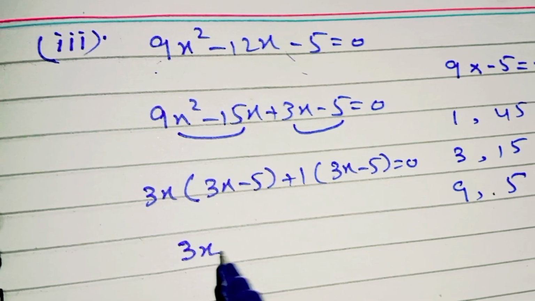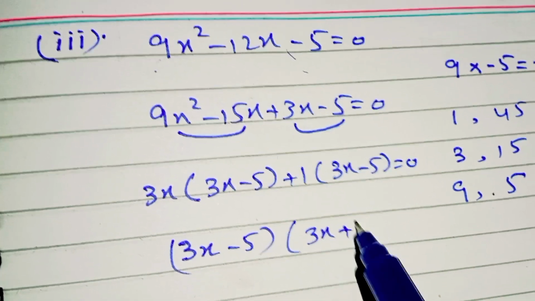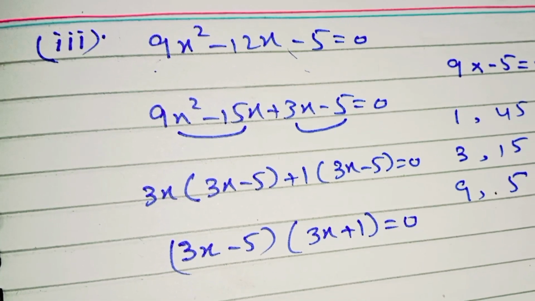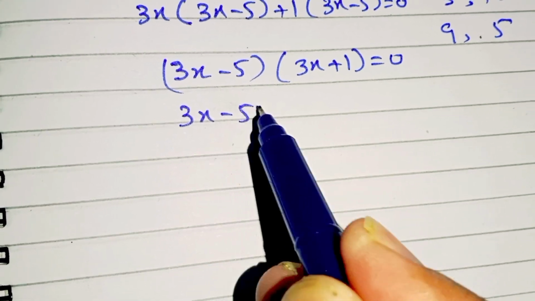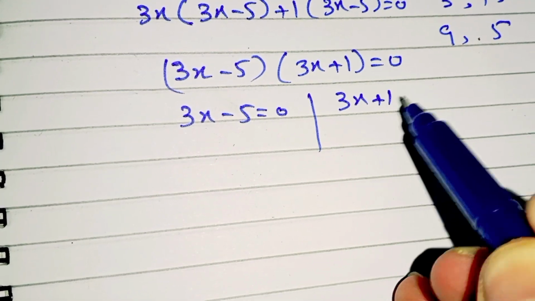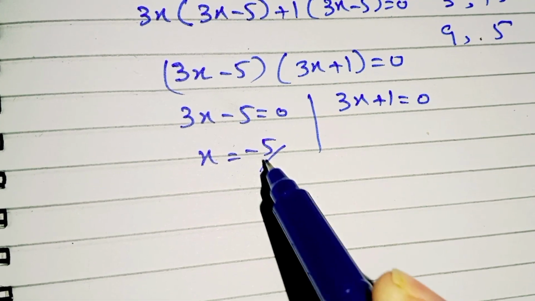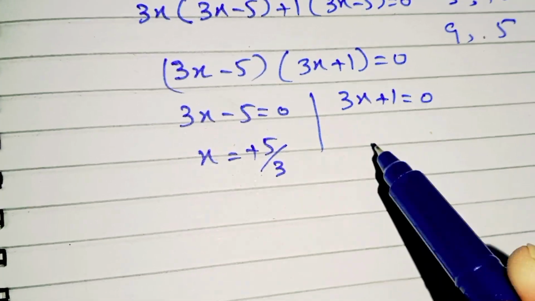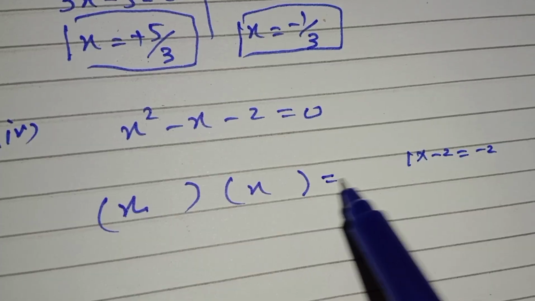This expression becomes 3x minus 5 into 3x plus 1 is equal to 0. So we have 3x minus 5 is equal to 0 and 3x plus 1 is equal to 0. X is equal to 5 over 3 and x is equal to minus 1 over 3.